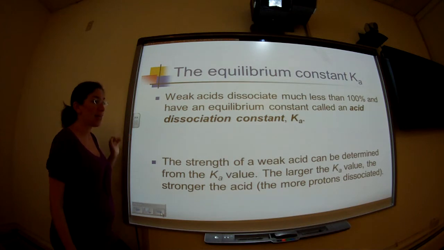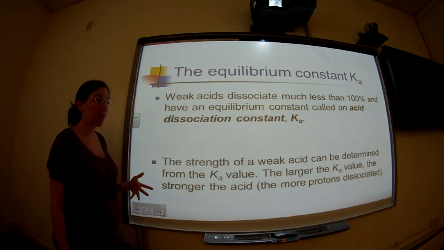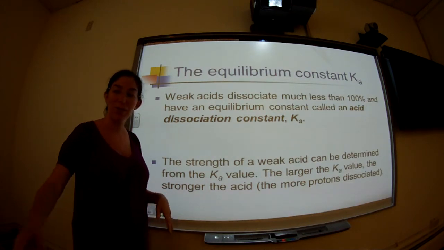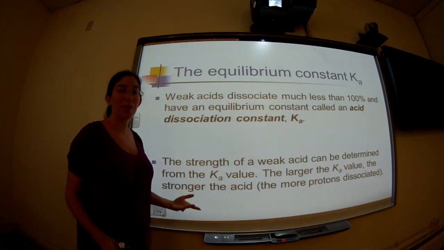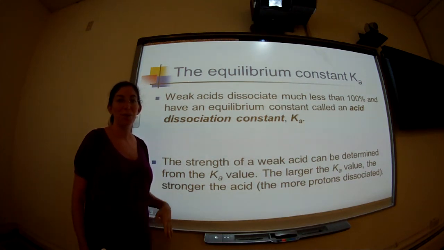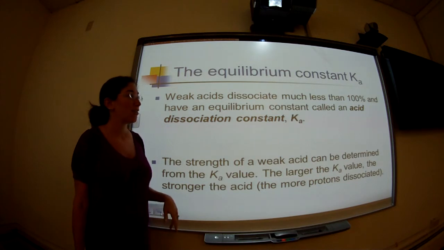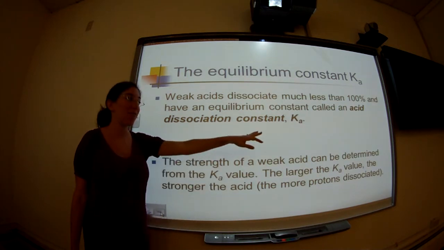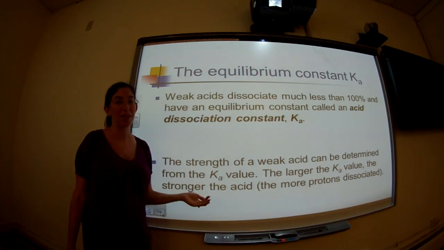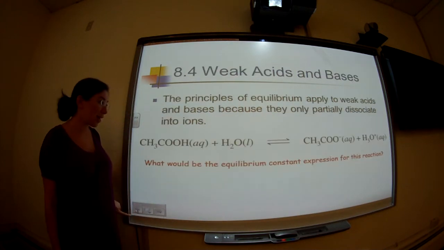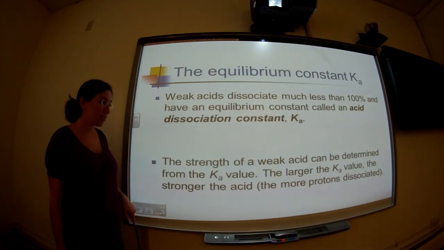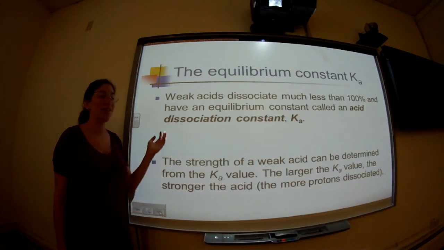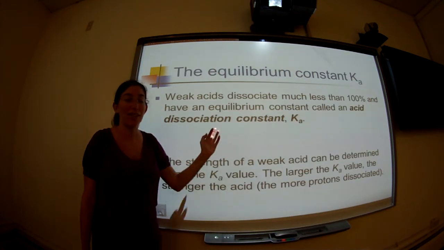Because acid-base chemistry is sort of its own thing, the equilibrium constants for acids and bases get a special notation. So we call them Ka and Kb. Ka for acid, Kb for base. It's just an equilibrium constant, but because it's for an acid or a base, we call it an acid dissociation constant, Ka.